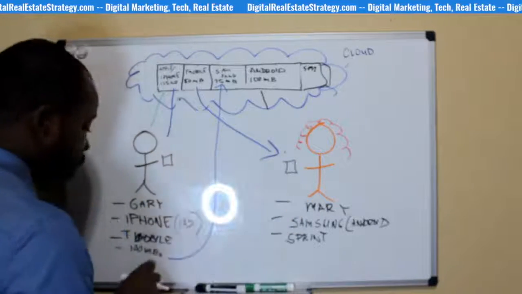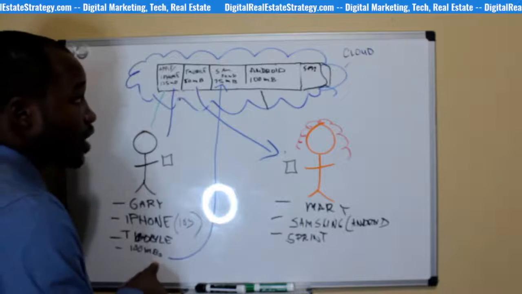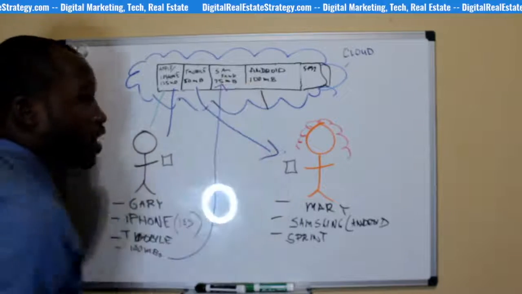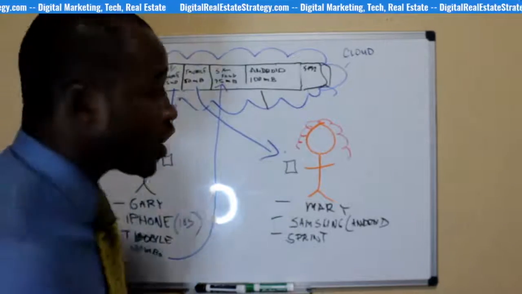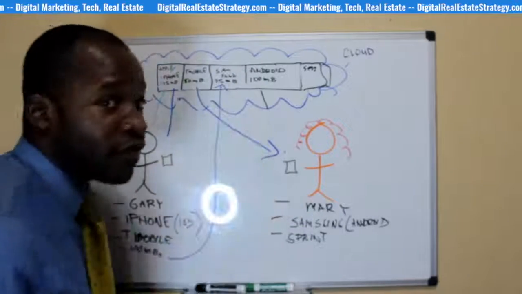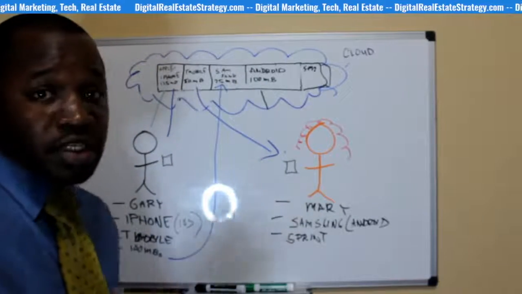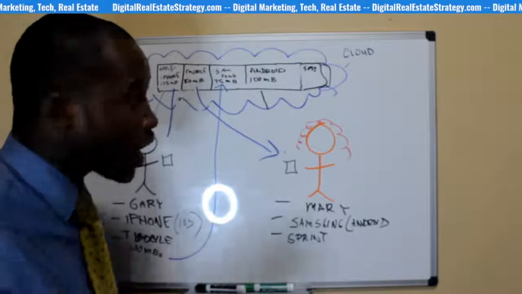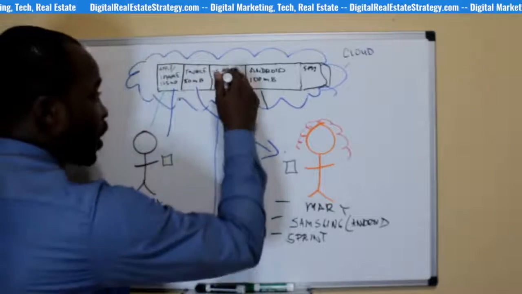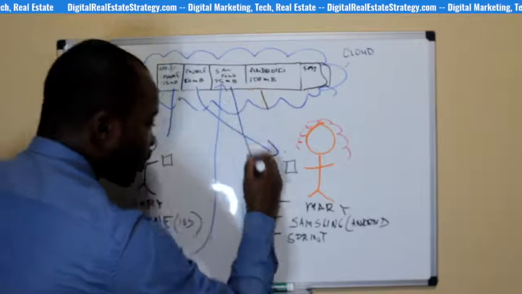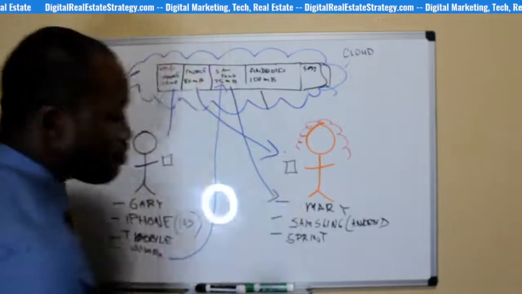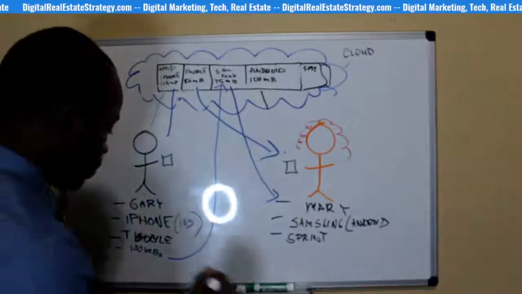So 100 MB needs to go down to 75 MB. Well, what do you do with that information? You take 25 away, and by taking 25 away, you take out pieces of the information. Now that it's at 75 MB, it's going to go to Mary, and Mary is going to receive that.